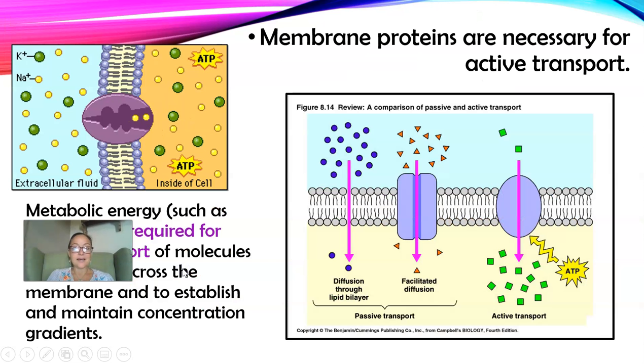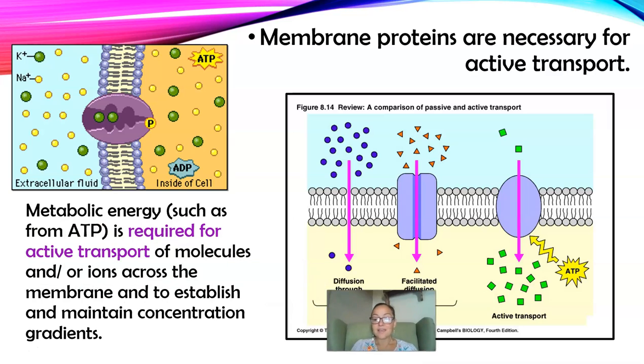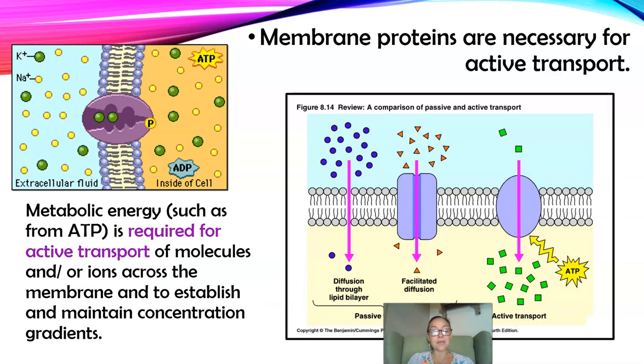Okay. Membrane proteins are necessary for active transport. Active transport is the requirement of using ATP in order to pump molecules from a low concentration to a high concentration. And I just used the word pump.